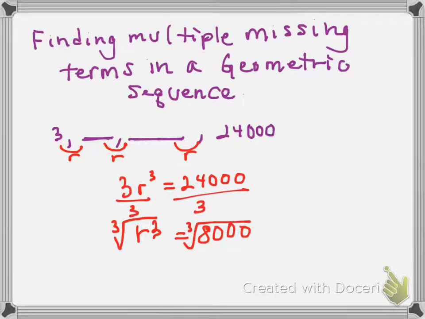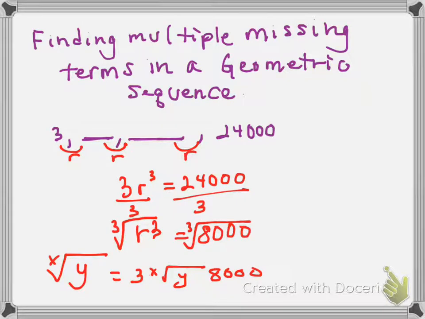If you don't see a button like that on your calculator, you would be looking for something like this, x with a y on it, and then you would just type in 3, and then that button, x^y, and then 8,000.